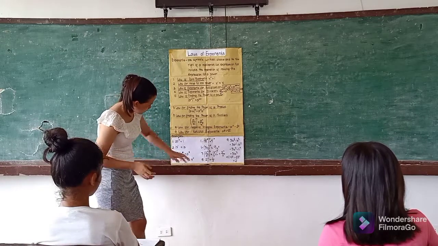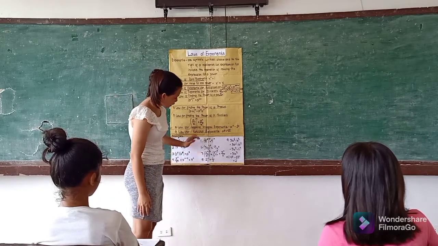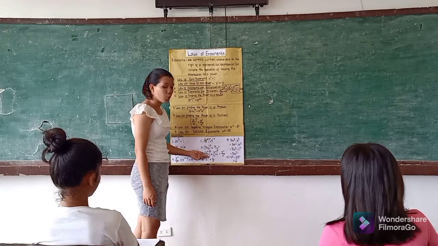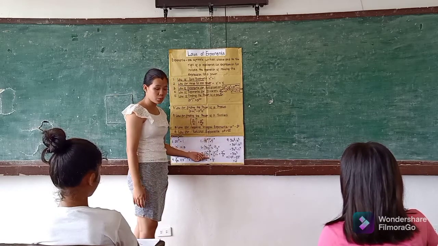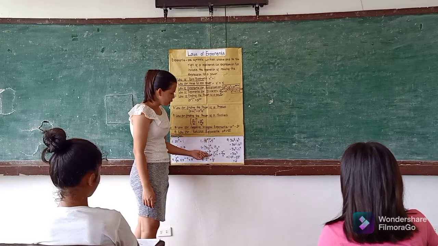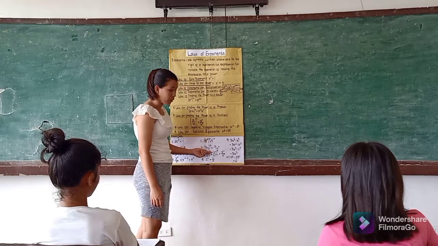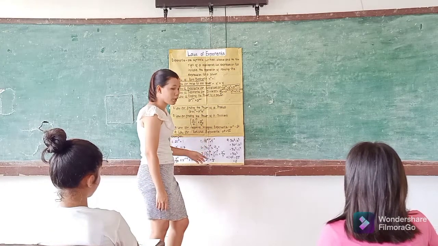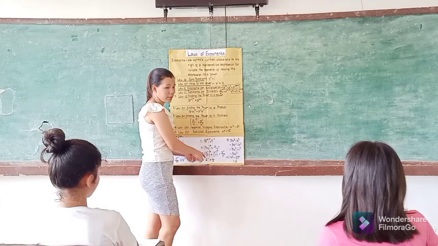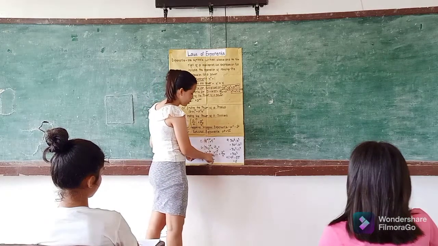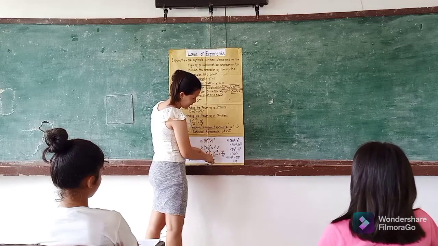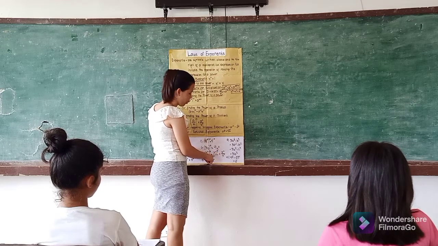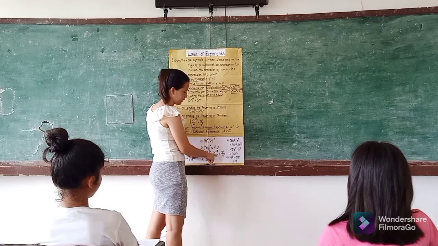For example, example 7: the quantity of x squared over y cubed, raised to 3. You will distribute your exponent within the quantity. So here you simplify it: x squared times 3 all over y cubed times 3.